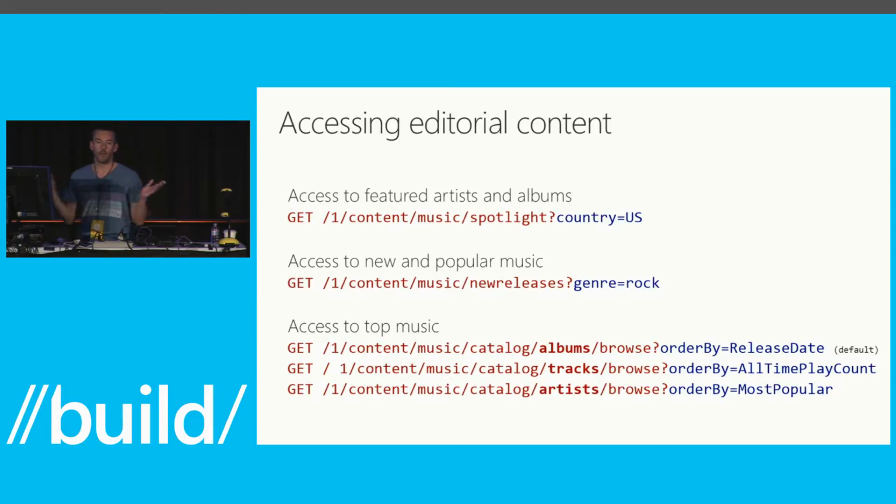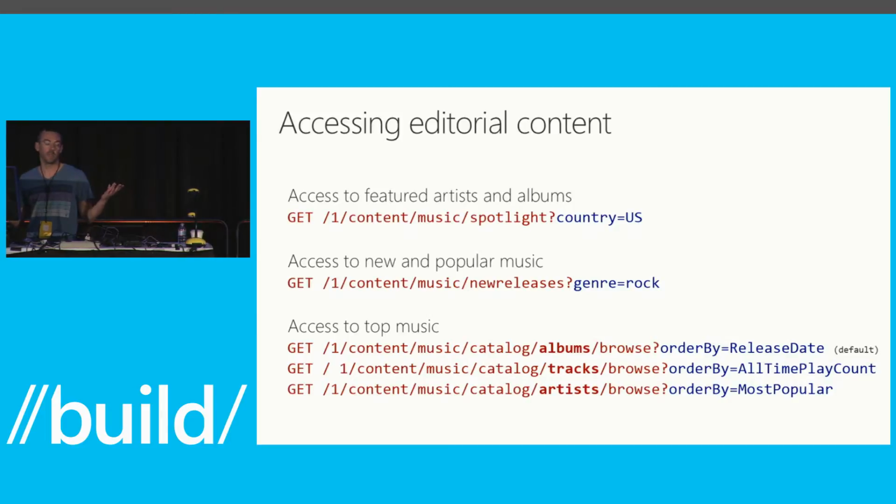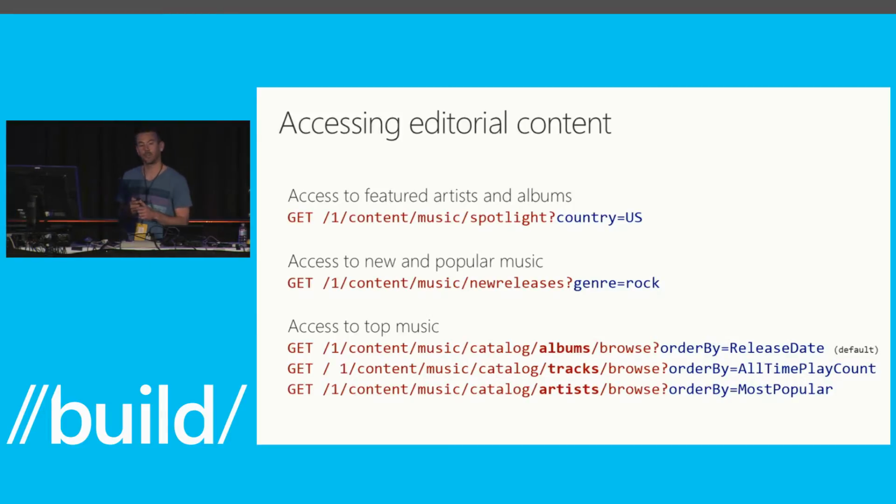And all types of music has top music. How do you access the top music in a particular country, in a particular genre, and how do you return that in the order you want it to be received? What you're seeing here via the top music calls are how you make those permutations of the particular asks you might have within your application.